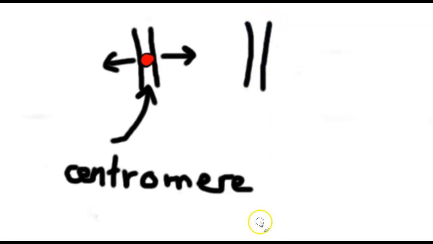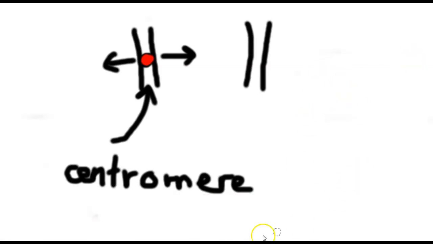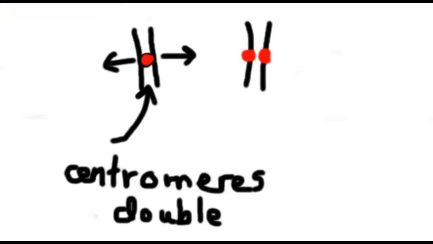The centromeres are going to double. So look, the centromeres have doubled. And look, the chromatids are no longer attached to each other. When they're attached, trying to go in opposite directions, they can break. Now they are no longer attached, and they can go apart, becoming monads without any trouble.